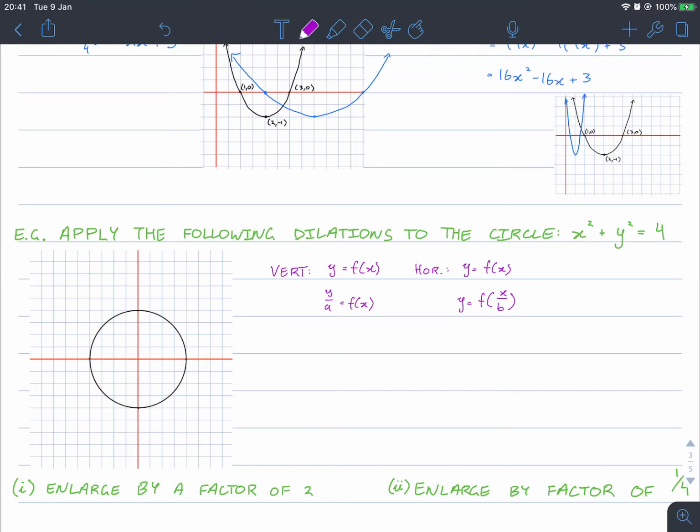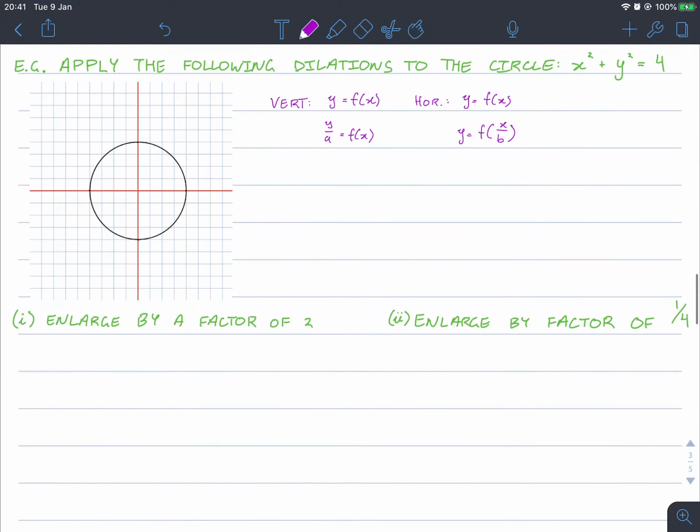So let's get straight into it. Now it might be a little bit confusing because there is no function present, but we can still do the same action of replacing y with y on a and x with some factor x on b. So let's enlarge this by a factor of 2.